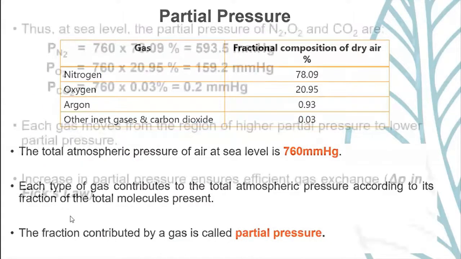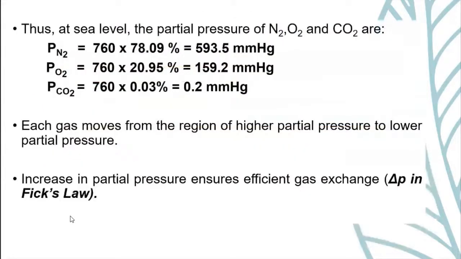So, kalau kita tengok, at sea level, the partial pressure of oxygen, nitrogen and also carbon dioxide are, kalau untuk nitrogen, 760 kali dengan composition dia berapa? Tadi 78.09, dapat 593.5 millimeter mercury. Ini untuk nitrogen lah, tapi sebab kita nak emphasize on respiratory gases, oxygen and also carbon dioxide.